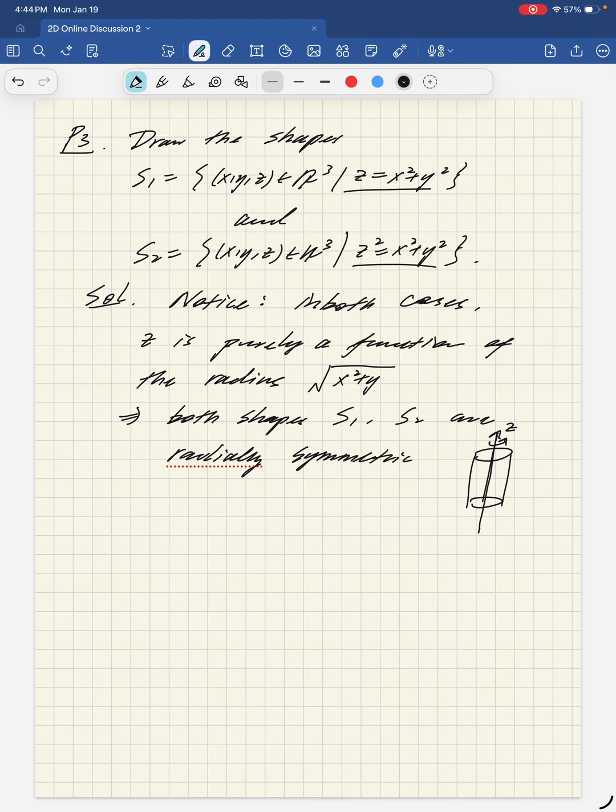And so if we set y equals 0, this means we're just projecting this shape onto the xz plane.